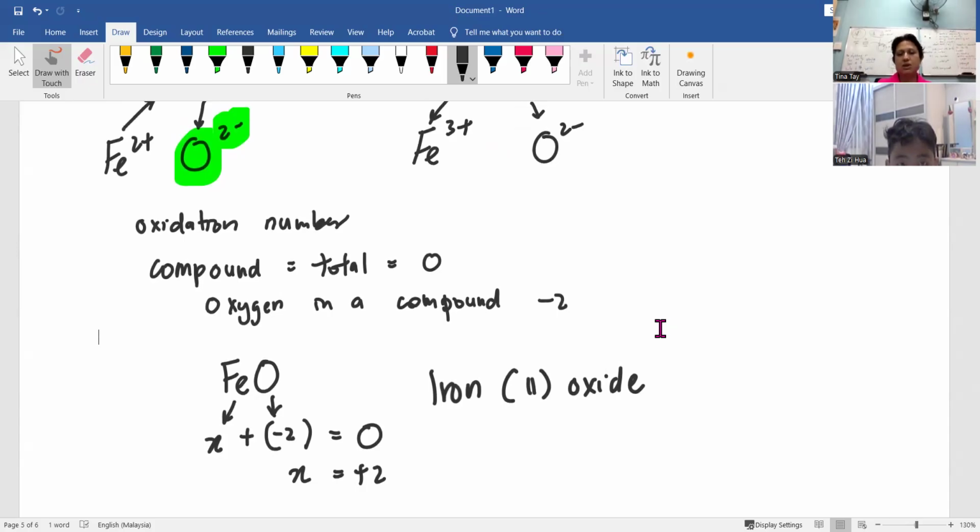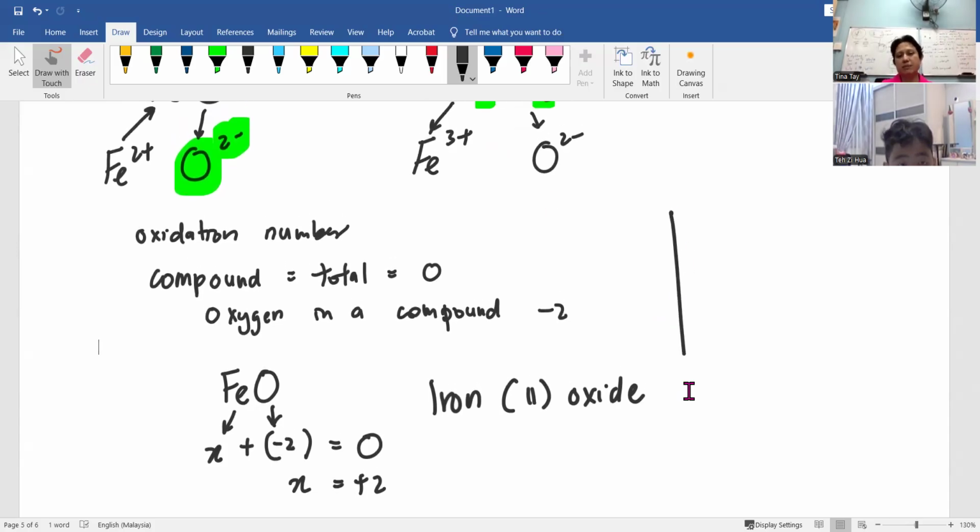In the same concept, can you find the oxidation number of iron in this compound and try and name the compound?